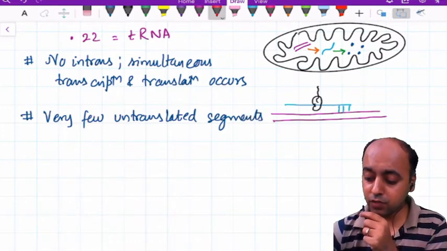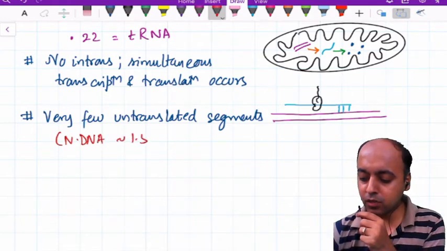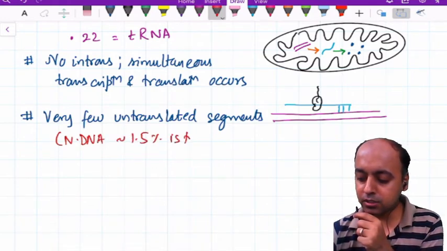In comparison, if you look at the nuclear DNA, barely 1.5% is translated.